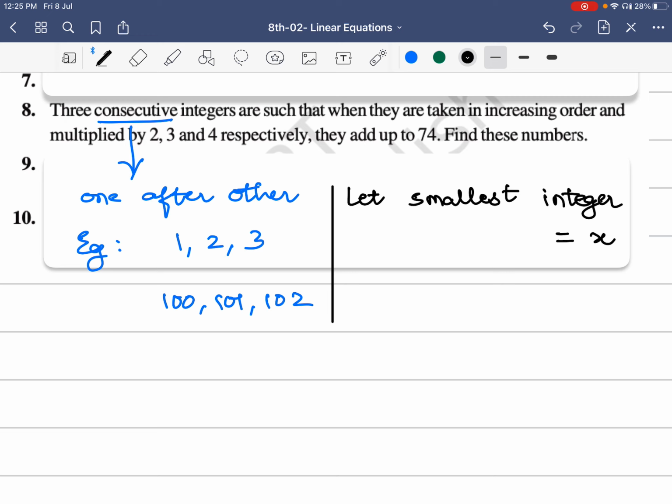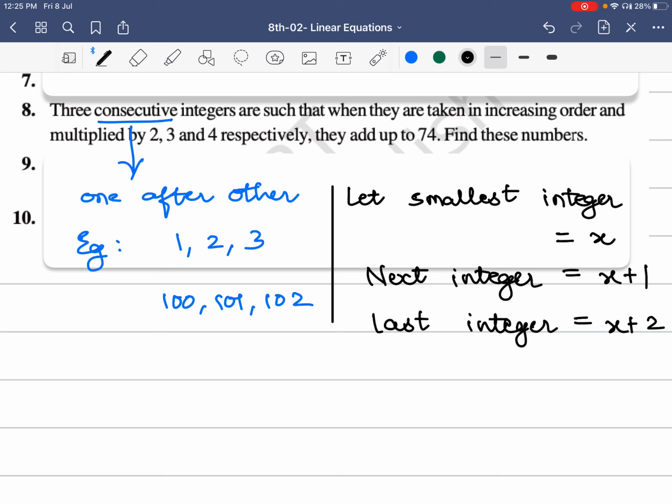Now these are three consecutive integers, so the next integer is going to be x plus 1, and the last, third integer is going to be x plus 2. These are our three consecutive integers.